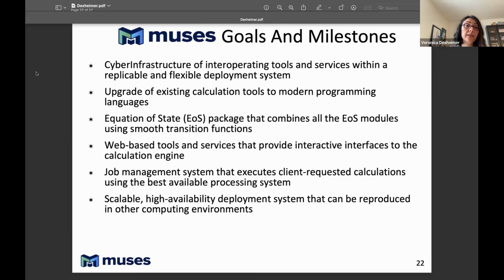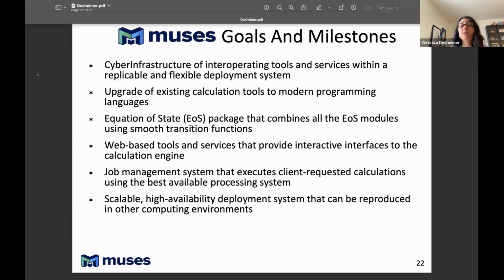So what we did was we upgraded existing calculations to modern programming languages. For example, my stuff was all in Fortran 77, which some of you might not even have heard of, but it's a very ancient language. So everything is being written in C++. And we wanted to allow the user to combine whatever equations of state they wanted. They are going to be combined using smooth transition functions, but in some cases also first order phase transitions.